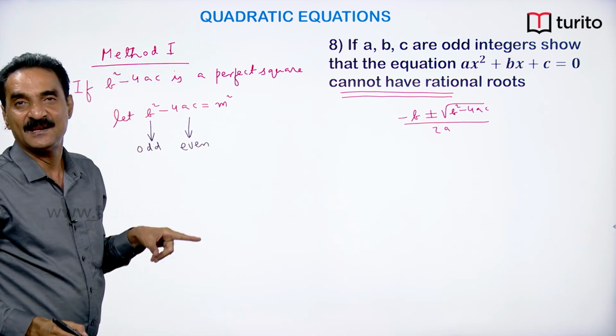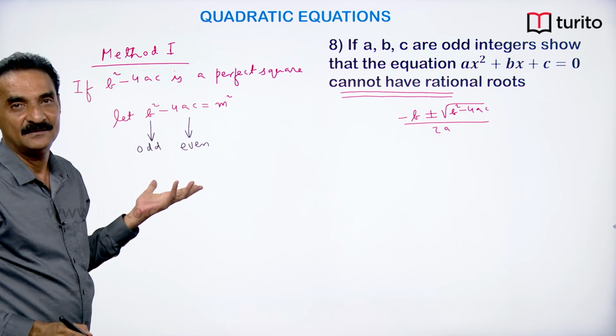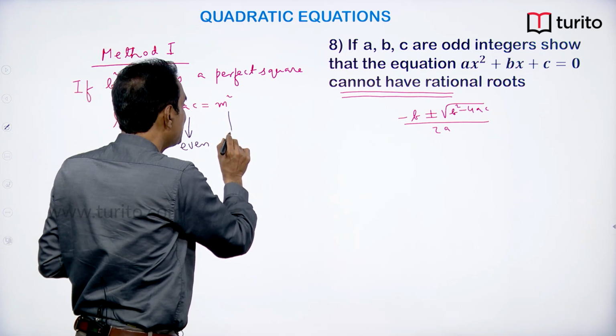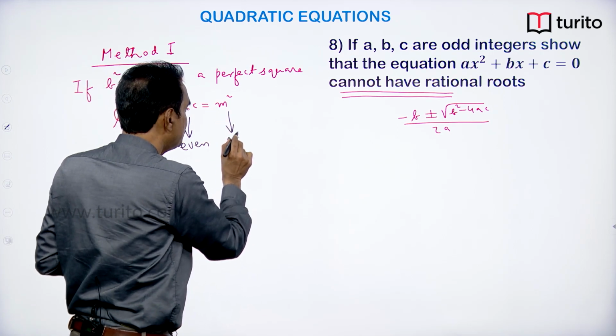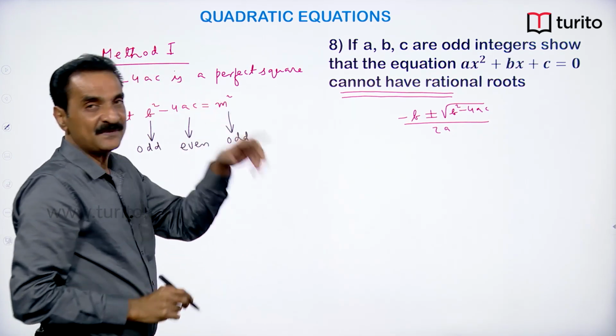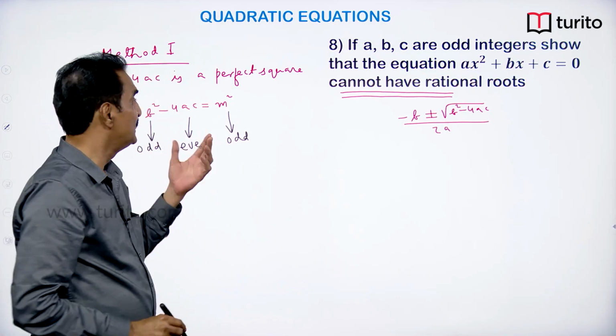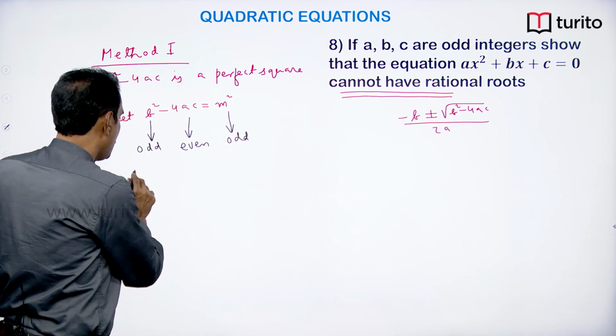Odd minus even is what? Odd. Odd minus even must be odd. Therefore, this must be odd. If m square is odd, then m must be odd. Is it not?